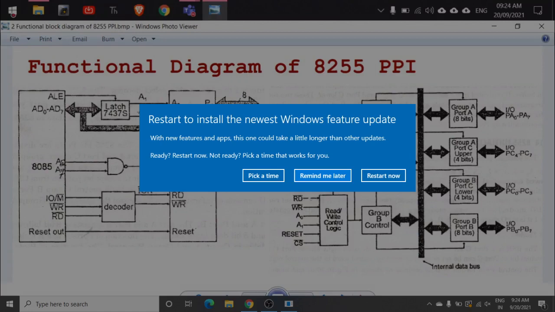And the 8255 needs two address lines. So A1 and A0 from your microprocessor can be connected here through a latch. Then the data bus is there, D0 to D7, and you can notice that from this data bus we are deriving these address lines A0 and A1.